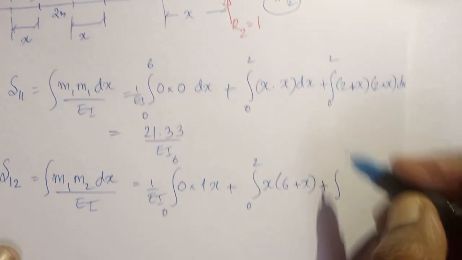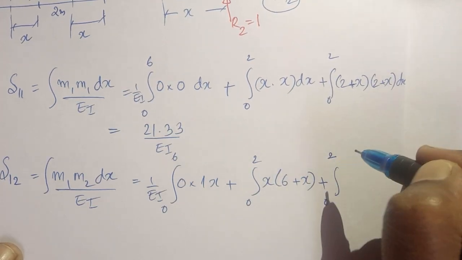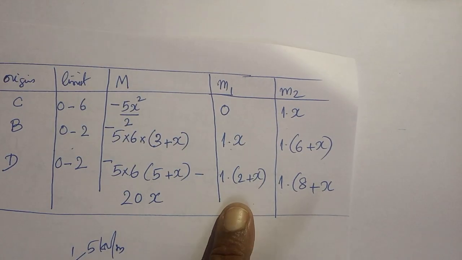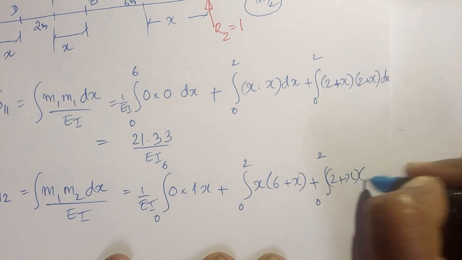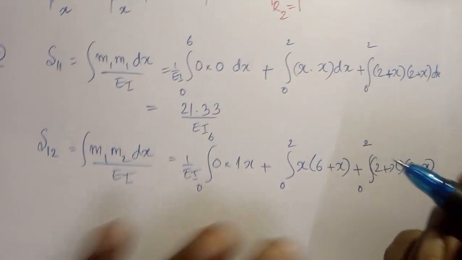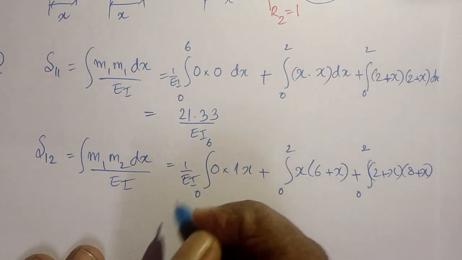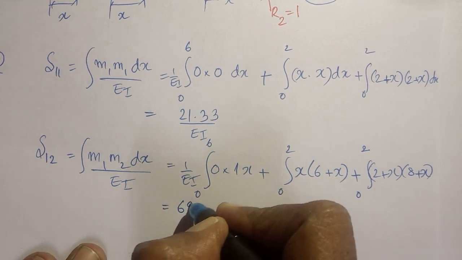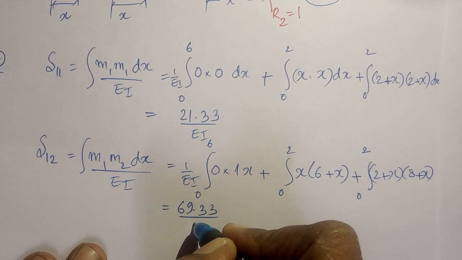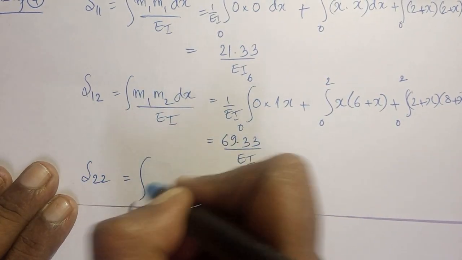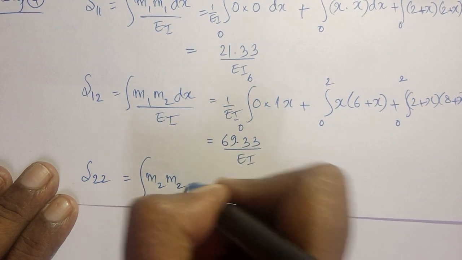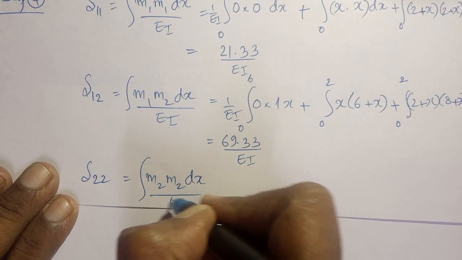The next portion 0 to 2, 2 plus x into 8 plus x. So that you will get the answer as 69.33 by EI.